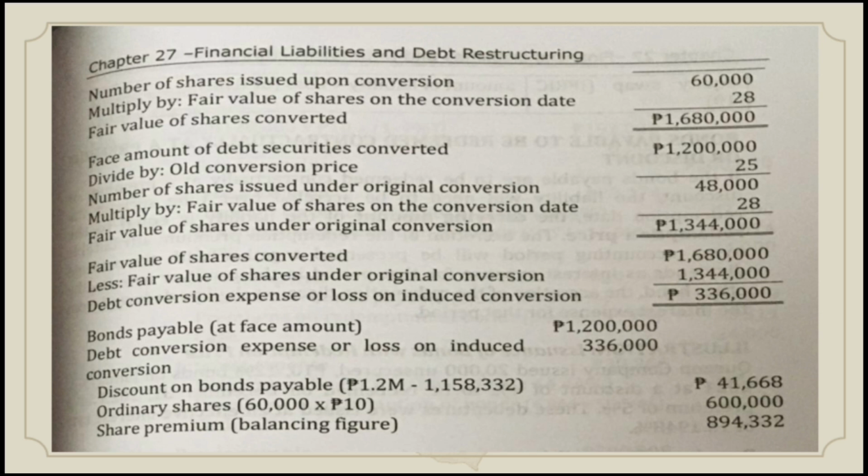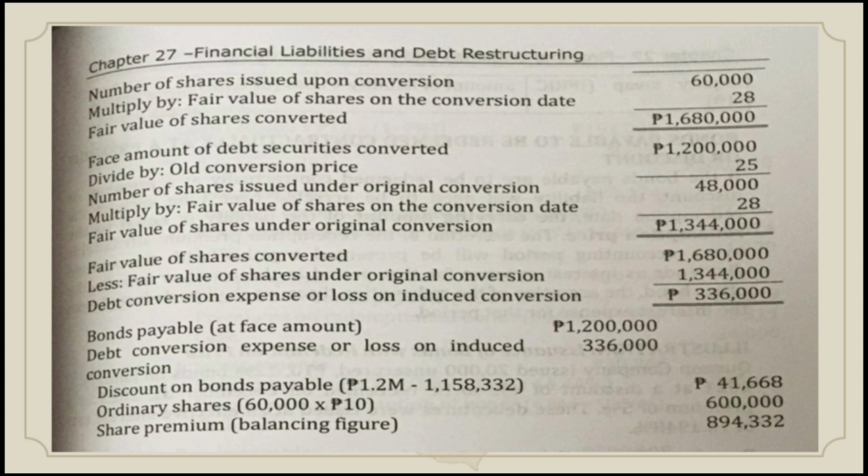So, inigkuha sa discount on bonds payable is ang 1.2 million ato siyang minusan sa carrying amount. Kay naa tay discount on bonds payable kay mas gamay ang carrying amount kaysa sa face amount sa bonds payable. That's why we have to credit discount on bonds payable. So, 1.2 million pesos minus 1,158,332 nga carrying amount is equal to 41,668 pesos.